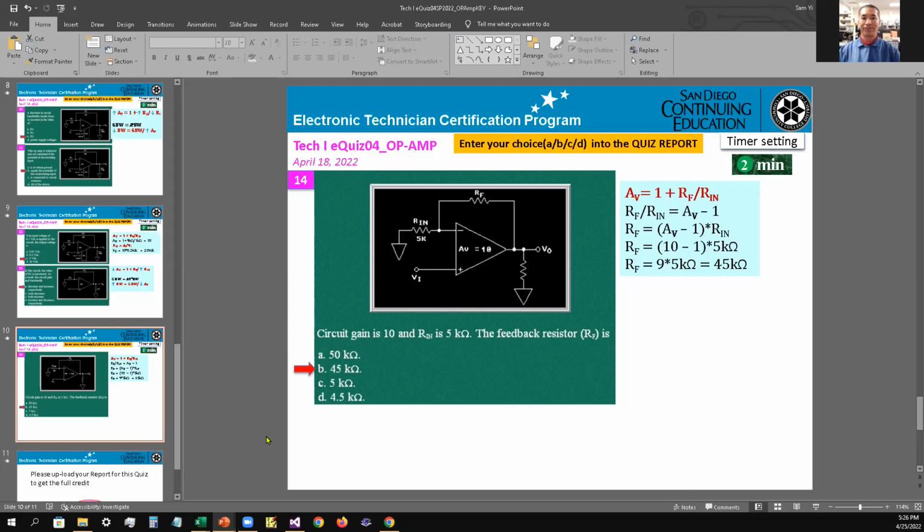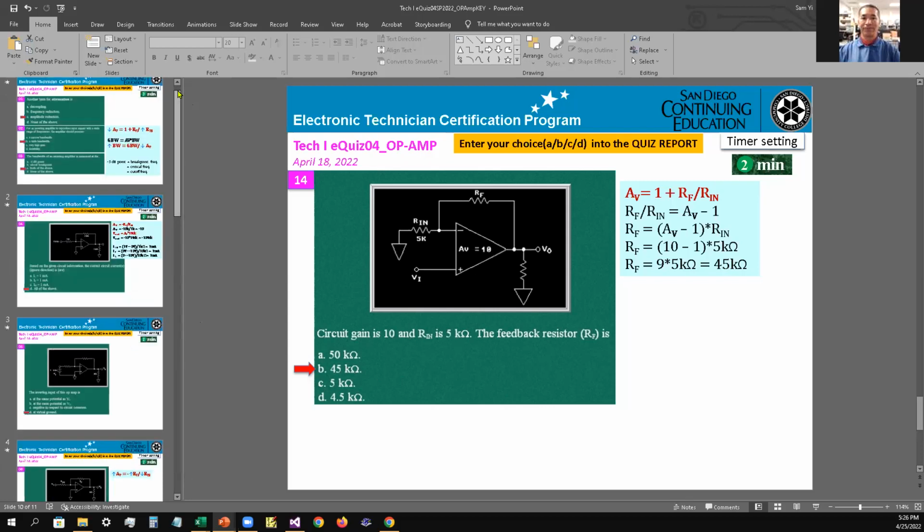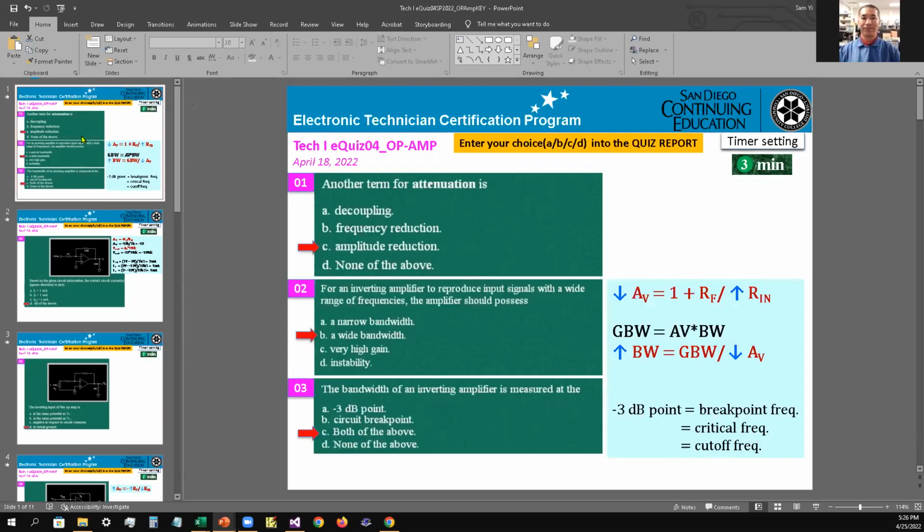Okay, any question on number 14? Okay, so it looks like a majority of the people did not do so well on this quiz. So make sure that most of you go back and read the handout. Make sure you go through this.